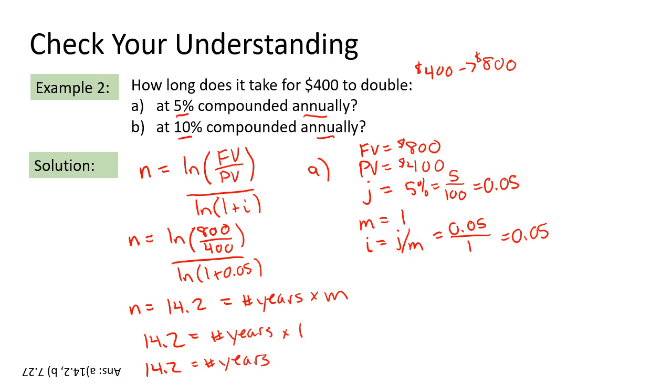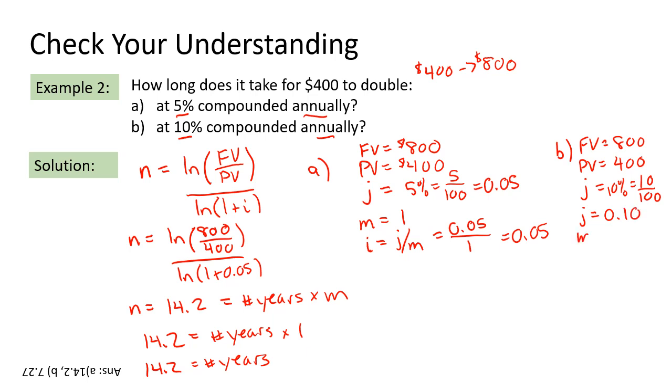Now looking at part B, we have the same future value and present value, $800 and $400. And our interest rate is the only thing really that's changed. It's 10%, which is 10 divided by 100, removing the percentage sign, which gives us an answer of 0.10.